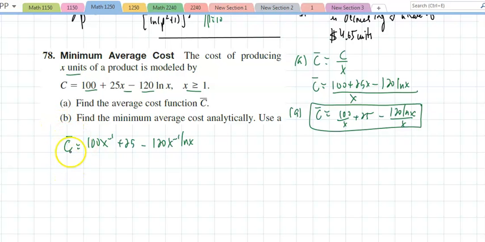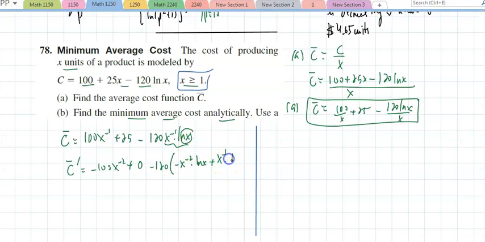So part B, take a minimum. How do you find the minimum? Analytically means by hand. Take a derivative, set it equal to 0 where it's undefined. Bring the power down, subtract 1 from the power. Derivative of 25 is 0. Minus 120, I'm going to leave it alone. Product rule. Derivative of the first times the second plus the first times derivative of the second.